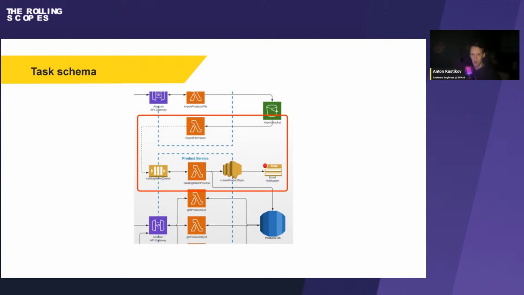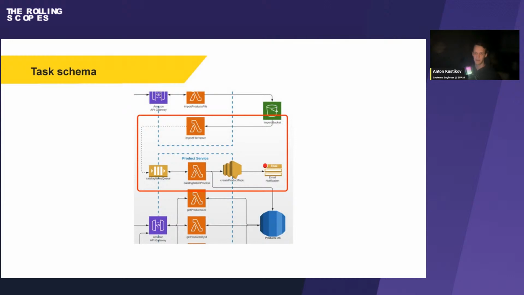So now we will put all of these lines into the SQS queue, and the SQS queue will be responsible to trigger another Lambda function. And as you can see at the bottom of the red square, we have the product service once again.